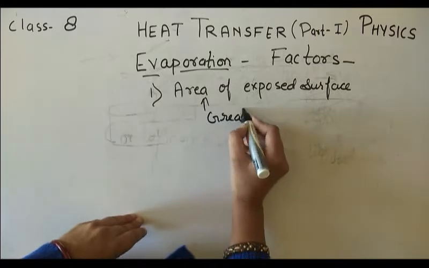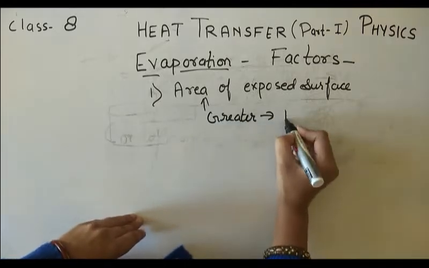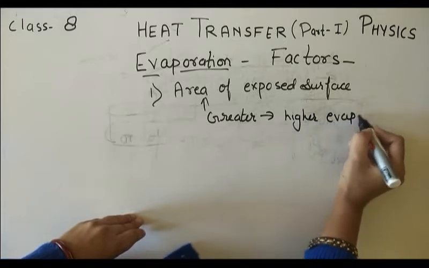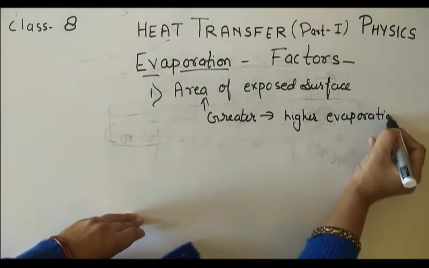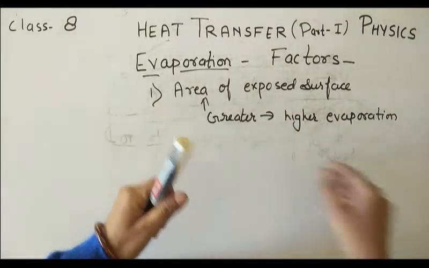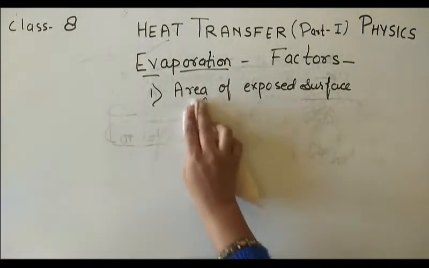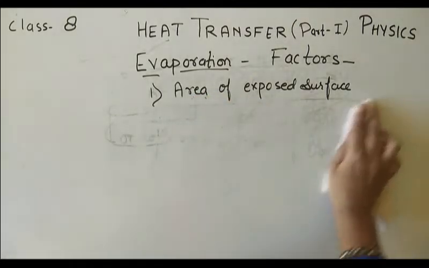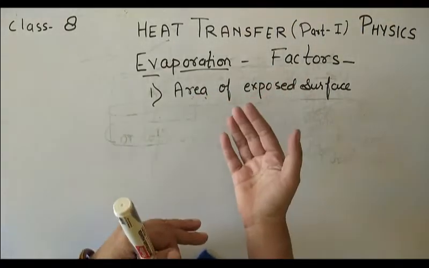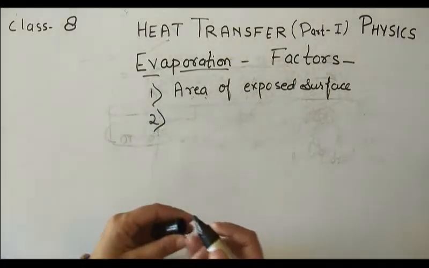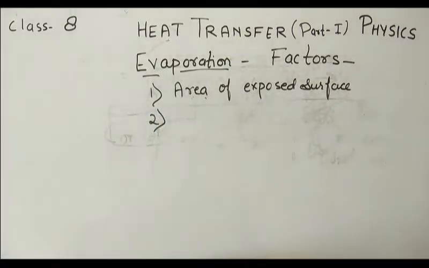Higher area, higher the rate of evaporation. You can understand this phenomenon like this. If you dry your wet clothes in your room, it will take a huge time to dry, but if you dry your clothes on the terrace or in the balcony, they dry fast.